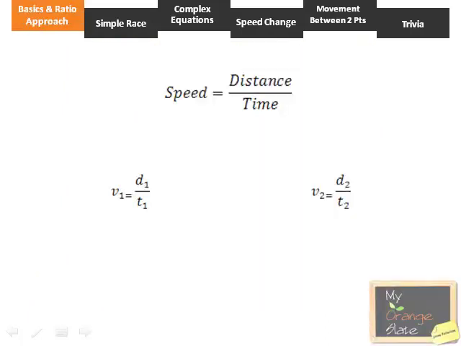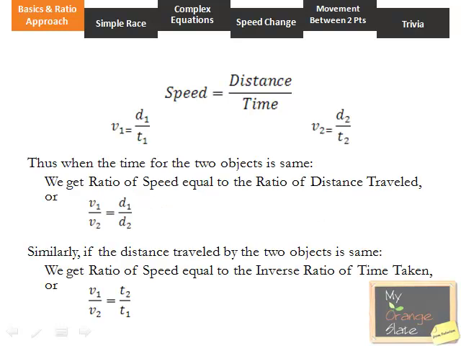We know that speed is equal to distance upon time. Thus for two objects we can express v1 is equal to d1 upon t1 and v2 is equal to d2 upon t2. And if the time for which both the objects are moving is the same, we get that the ratio of speed is equal to the ratio of distance traveled.